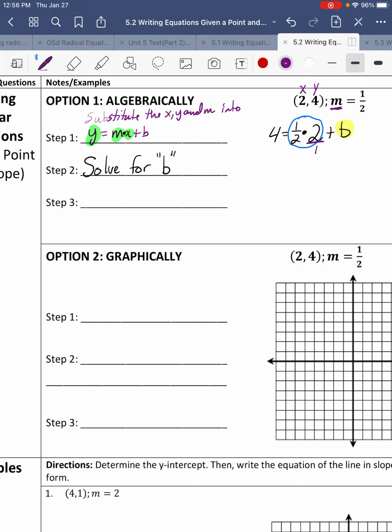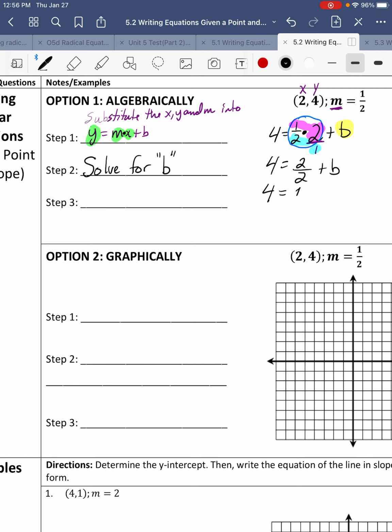So that's taking 2 and putting it over 1. I'm going to do this the old-fashioned way. Multiply your numerators, 1 times 2 is 2. Multiply your denominators, 2 times 1 is 2. And that's it. And then plus b.